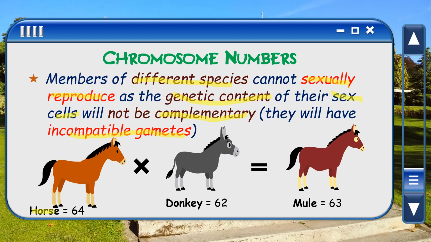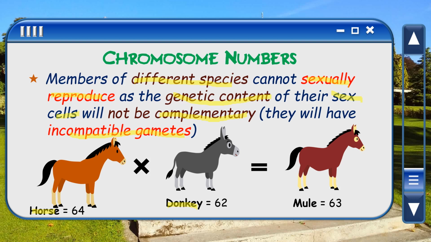We have another species of the donkey. These two different species cannot sexually reproduce. A donkey and a horse cannot sexually reproduce. Why? Because their genetic content in their sex cells is not complementary. So they have incompatible gametes.